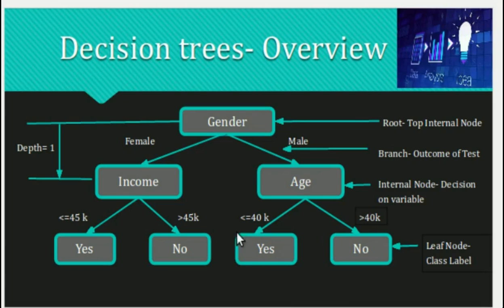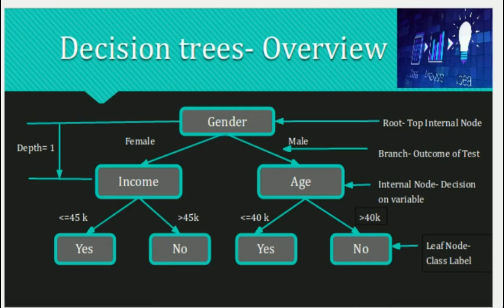The path from the root to the leaf node contains a series of decisions made on the various internal nodes. The leaf node is labeled with the class label, and in some implementations they return a probability score, as in naive Bayes.